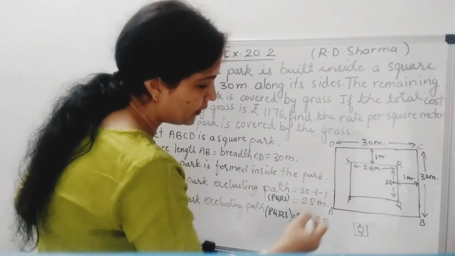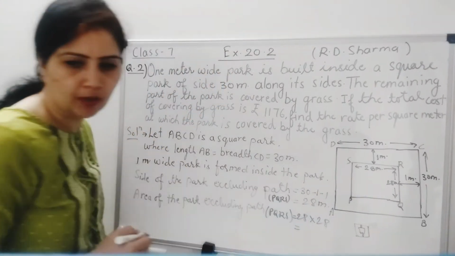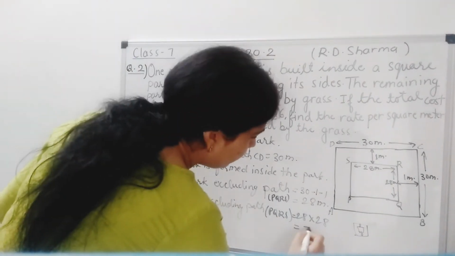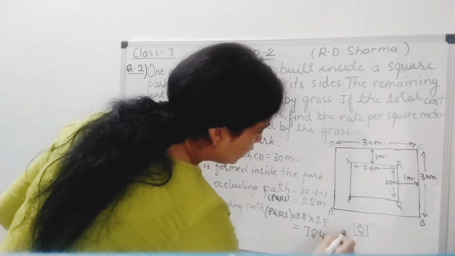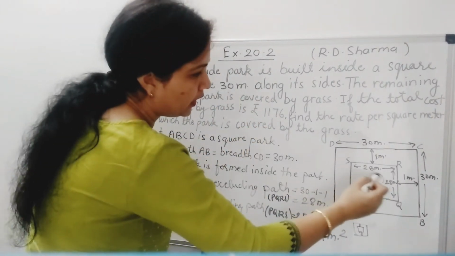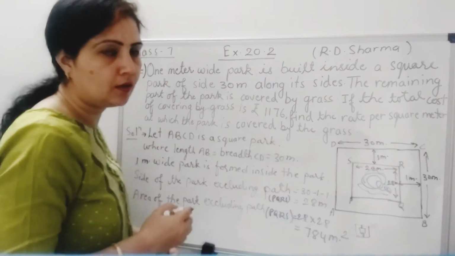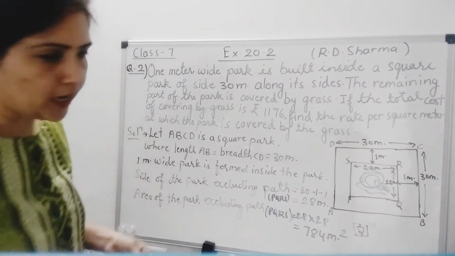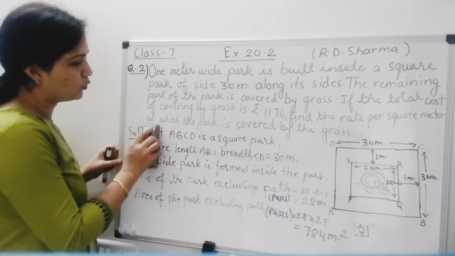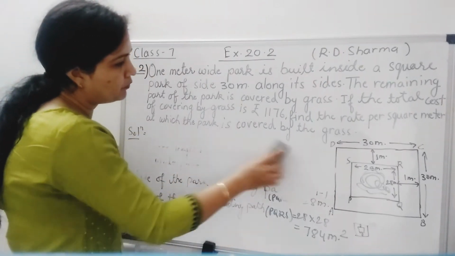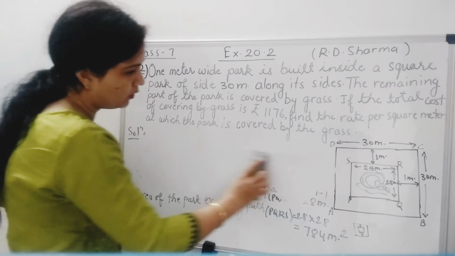The area of a square is side into side. So 28 multiplied by 28 will give you 784 meter square. Now this is the area of the park excluding the path. As we know, the total cost is given, and we have to find out the per square meter cost.